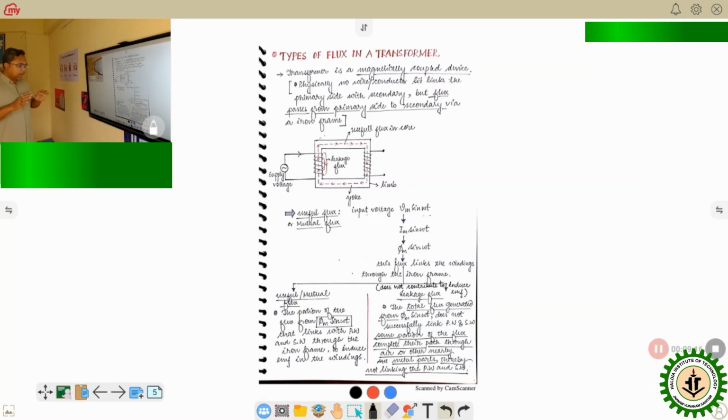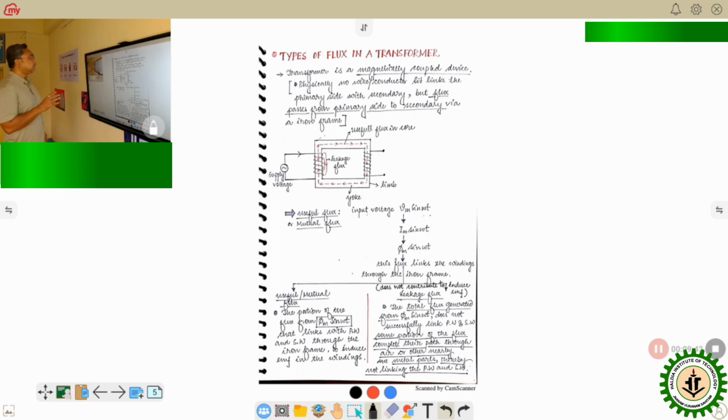Now, to understand the entire operation of the transformer, we must understand how many types of flux there are in a transformer. Mainly there are two types of flux. Basically, I have written that the transformer is a magnetically coupled device.